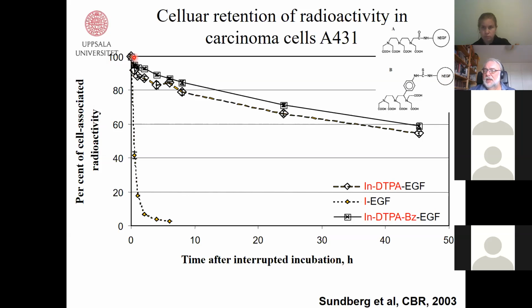If we label epidermal growth factor with iodine, let it bind to the receptor on the cell surface on ice to prevent internalization, and then warm it up to 37, where internalization takes place, the release of activity is very, very rapid. It's not dissociation: it's taken up, degraded, and catabolites are leaking.